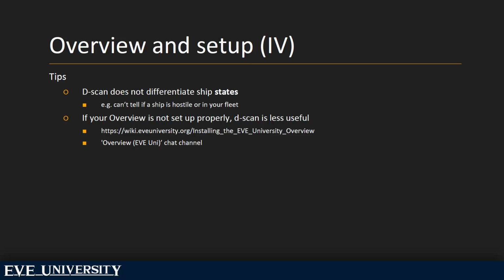It's important to know that the directional scanner does not differentiate ship states, so it will not be able to tell you if ships that you see on the D-scan are hostile or friendly. In the overview, this will be highlighted by purple, green, red, orange, depending on the overview settings, but in D-scan it does not differentiate.